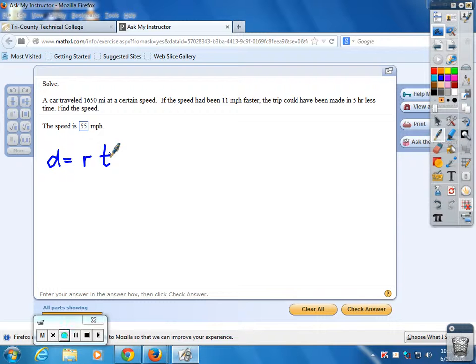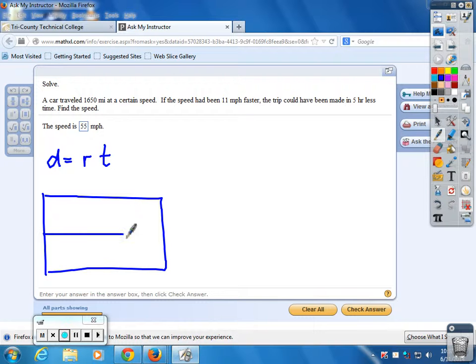So our distance is 1650, whether you go up this way or down this way. If you travel from here to Atlanta and then come home from Atlanta, you've traveled the same distance.